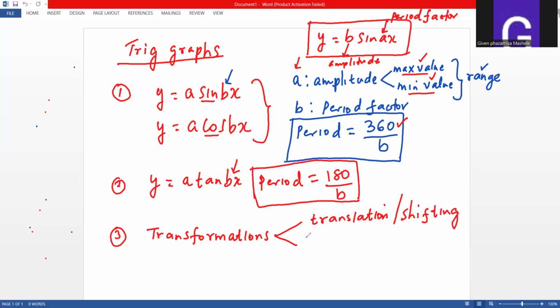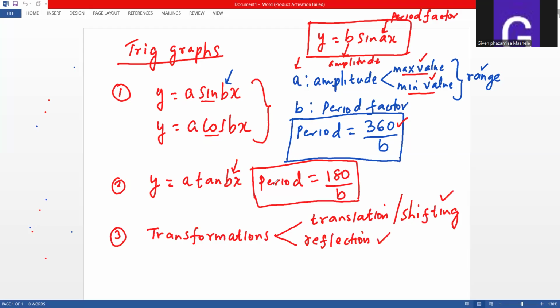You also need to familiarize yourself with reflections. This is also very important for functions and graphs in paper 1, the shifting and the reflection. It's important for both grade 11 and grade 12, for paper 1 and paper 2.